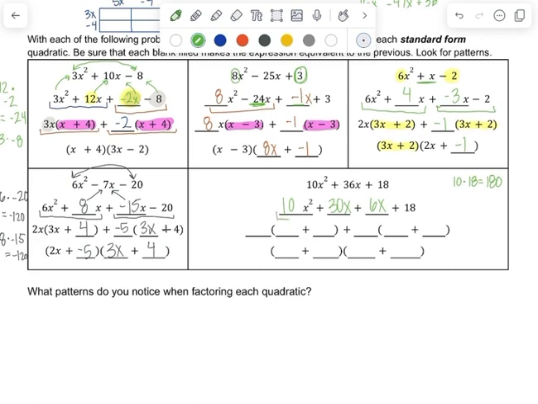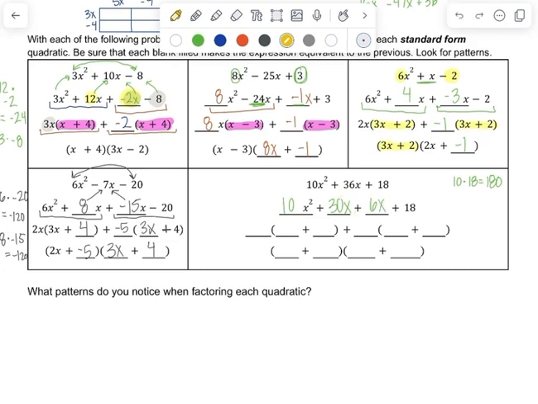So then I'm going to take the first two terms, and actually it doesn't even matter where you put these two, it should come out the same if you didn't make any mistakes in between. So if it goes 6x plus 30x, it should come out the same.